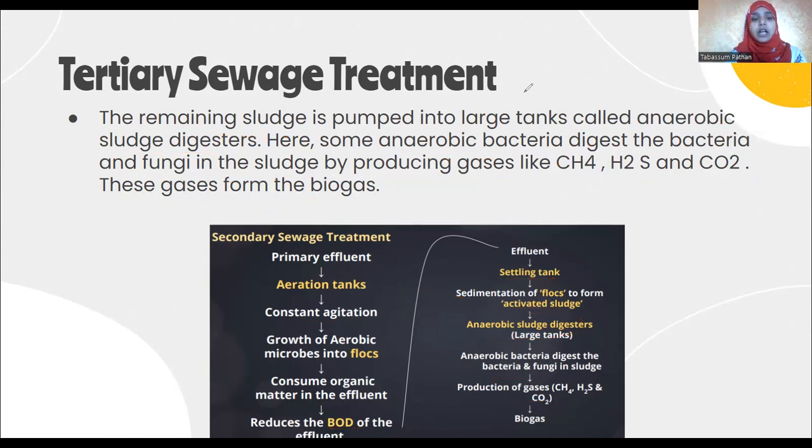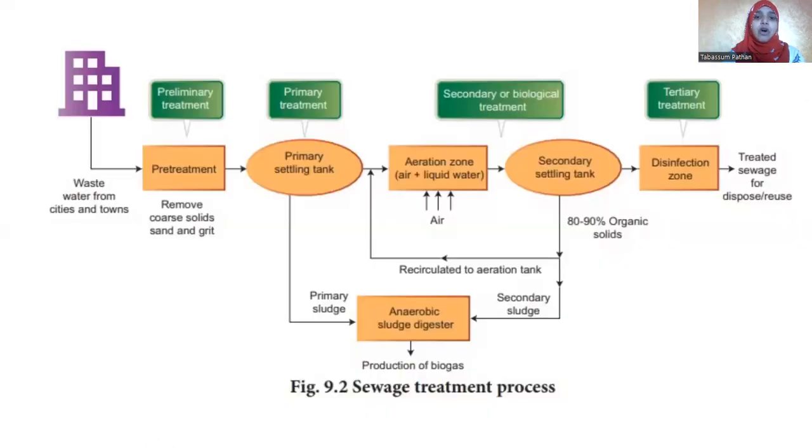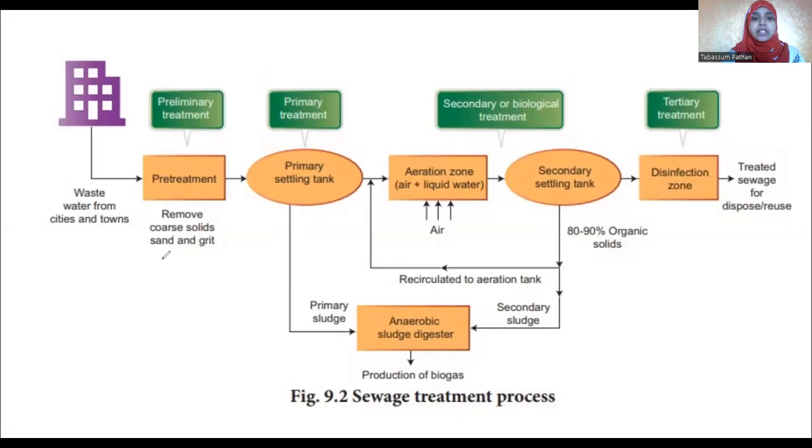So this is the treatment of the waste material, the sewage water, which consists of 3 steps: primary, secondary, and tertiary. This is an overview of the sewage treatment process. First is the settling process, removing the bigger waste material, then the primary settling tank.